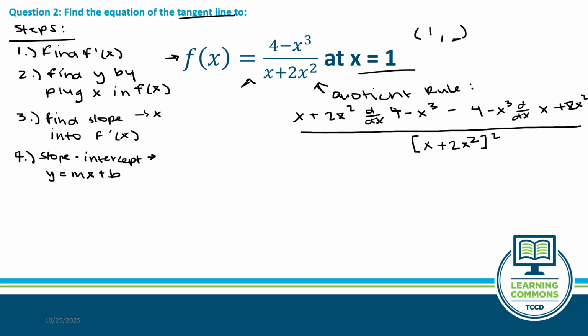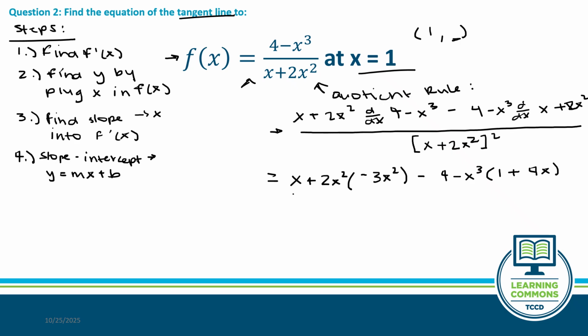Okay, so I'm just going to go through and do my derivatives. These are pretty simple derivatives already, so I'm not going to fuss too much. So x plus 2x squared times negative x cubed is going to be negative 3x squared minus 4 minus x cubed times 1 plus 4x.